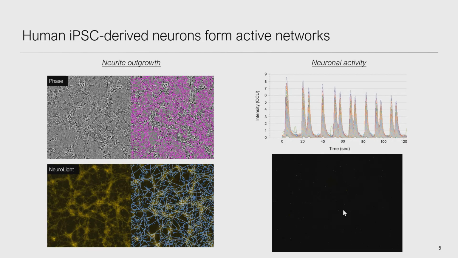We have some images on this slide showing neurons in phase contrast and using a lentiviral reporter. These data were generated on the IncuSite and show static images, but the algorithms within the IncuSite allow us to monitor neurite outgrowth over time.